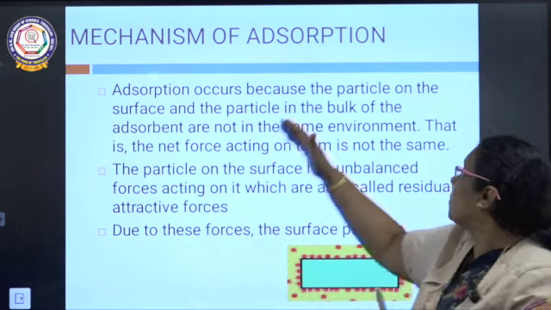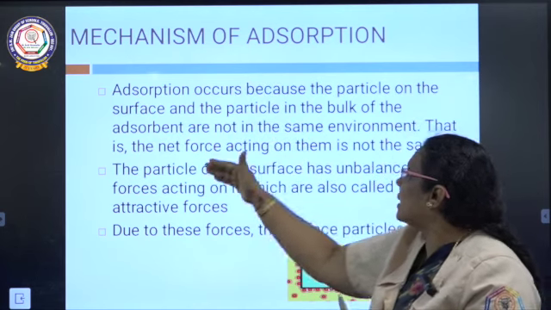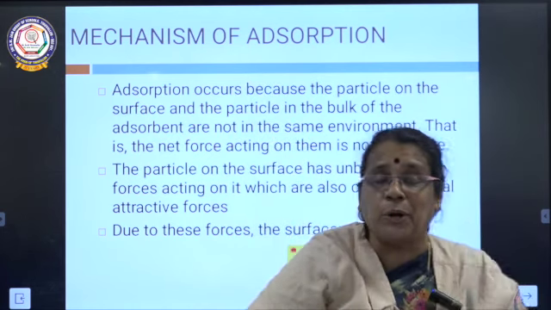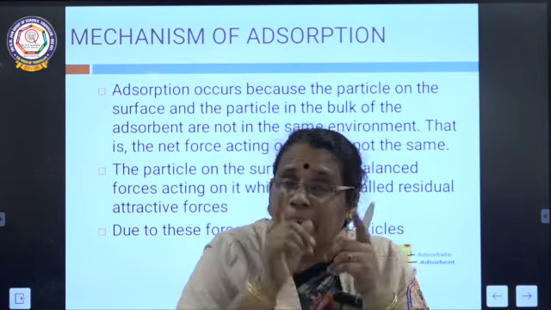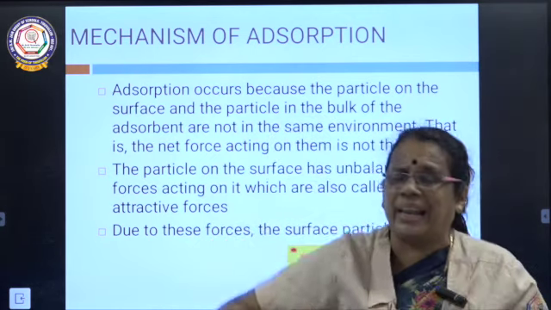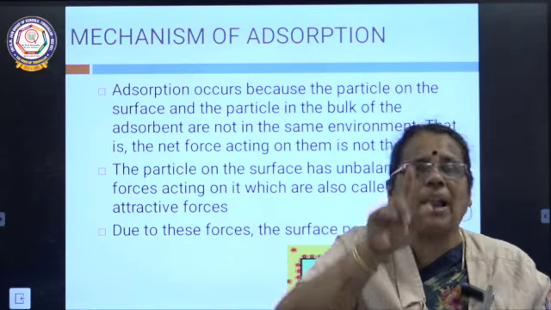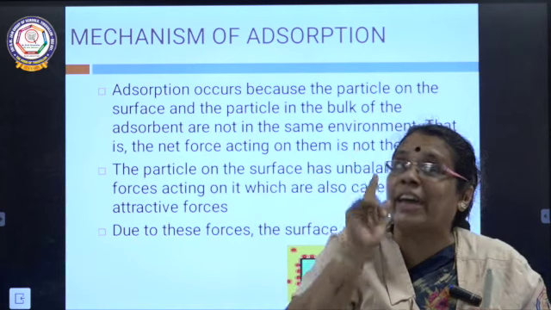Adsorption occurs because the particles on the surface and the particles in the bulk of the adsorbent are not the same. I already told this point. The particles in the bulk are not equal to the particles at the surface.